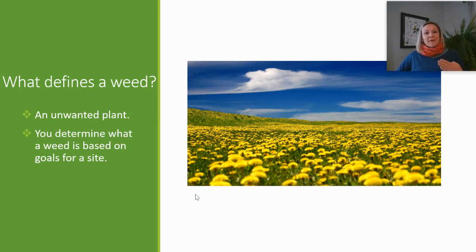The reason most adults consider dandelions a weed is that they don't want them growing in their backyards, where they primarily want only grass. So when this cute little yellow flower shows up, everyone gets all crazy and upset that the weeds are taking over their yard because they don't want it growing there. So the simple definition of a weed is any unwanted plant.